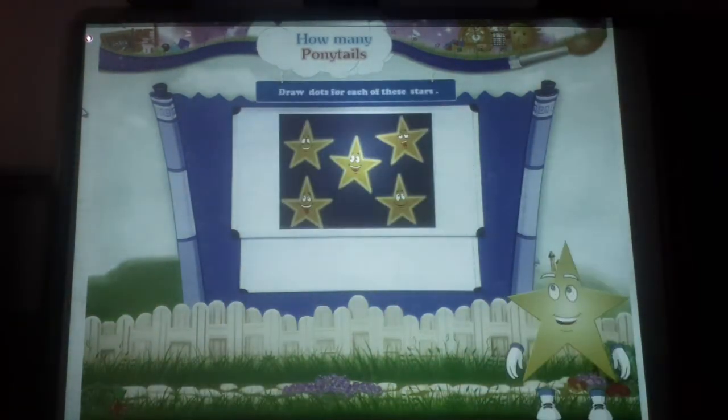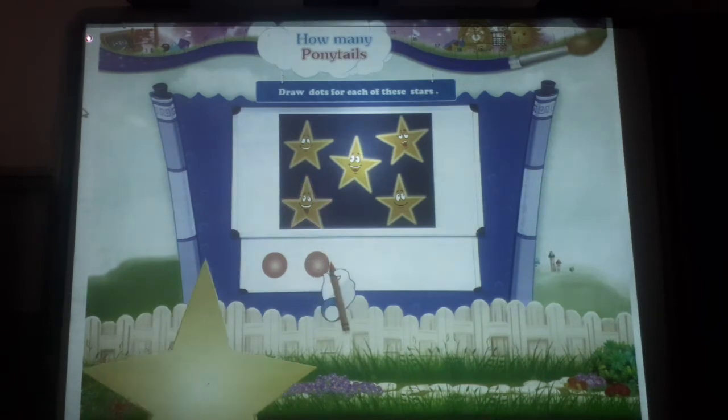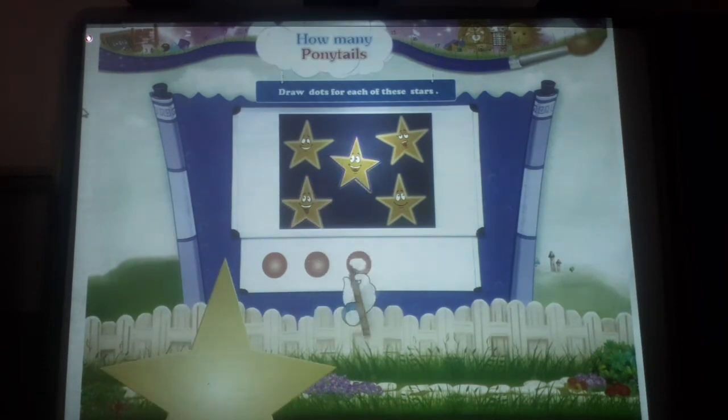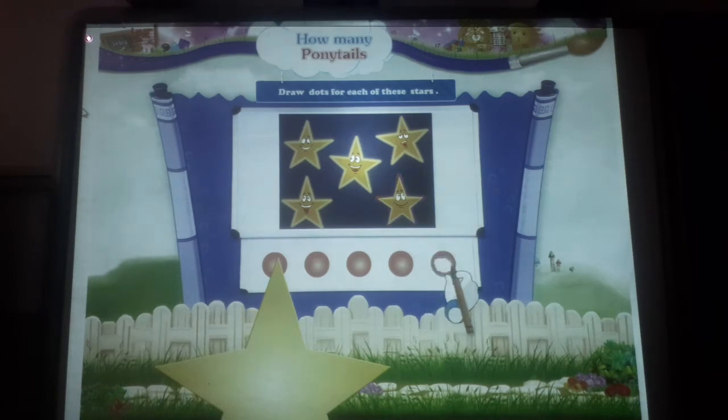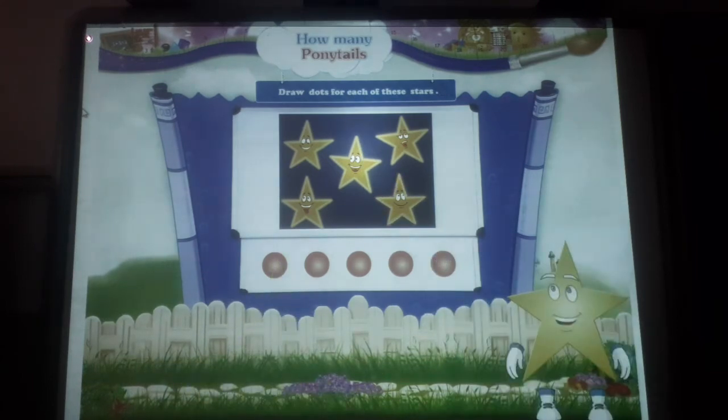Let us draw dots for each of these stars. A dot for this star, a dot for this star, a dot for this star, a dot for this star, and a dot for this star. Good!